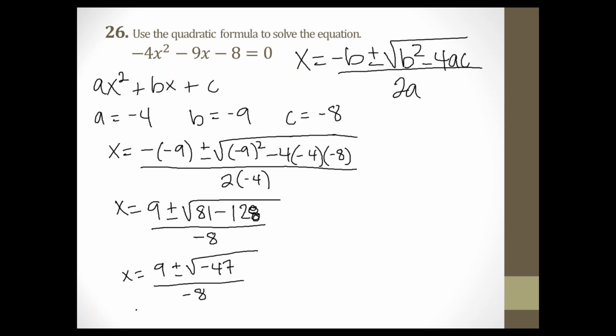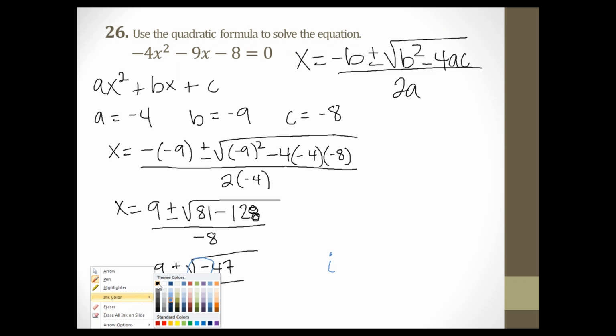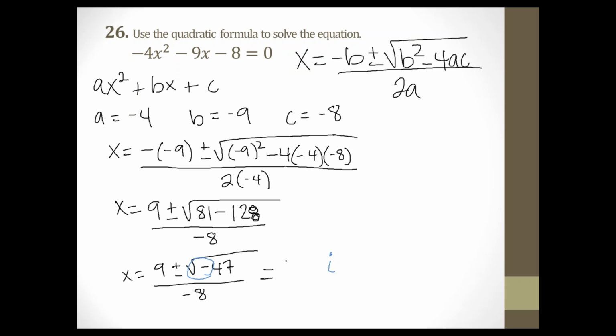So we have a negative under the square root. We want to go ahead and pull it out of that square root and make it an i. So that's going to equal 9 plus or minus i times the square root of 47, all divided by negative 8. Now if you look at your answer choices, this is actually giving you two different answers.